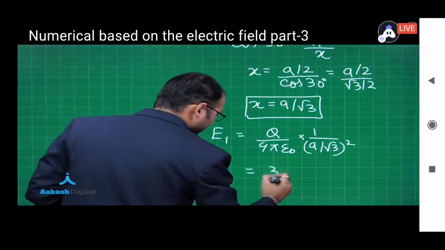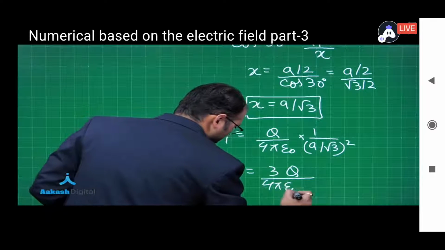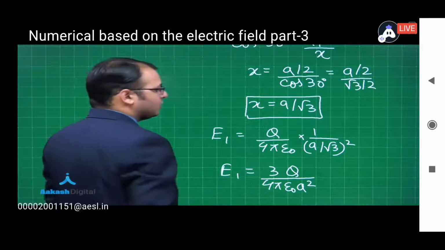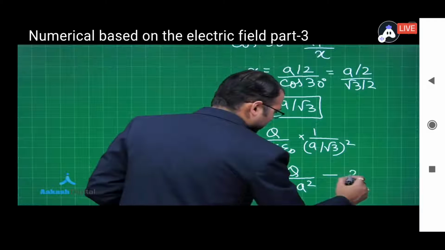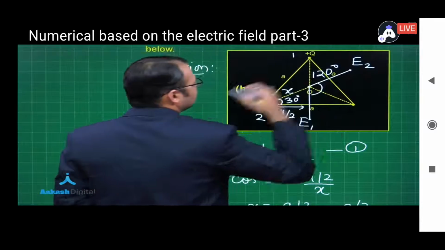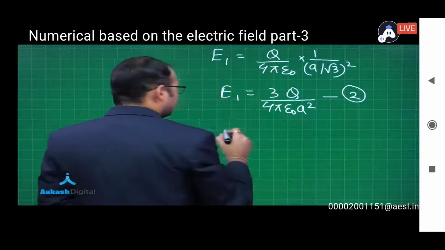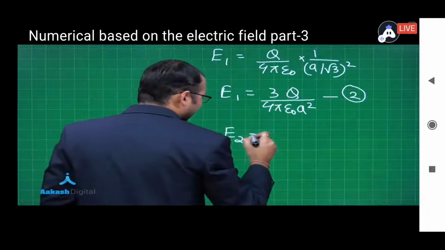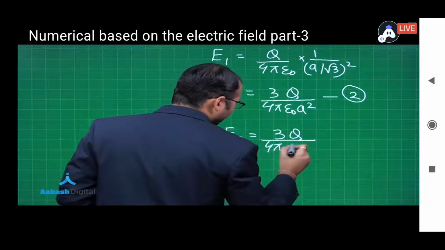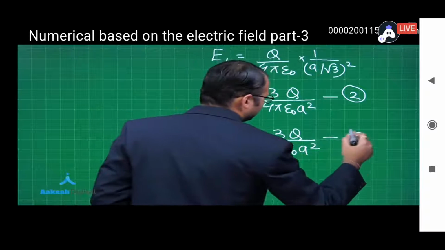You will get 3Q upon 4 pi epsilon naught A square for E1. Let's take this as equation 2. When you solve this for E2, what is the distance x? You will find that E2 will also be exactly the same. This is 3Q upon 4 pi epsilon naught A square. Let's take this as equation 3.